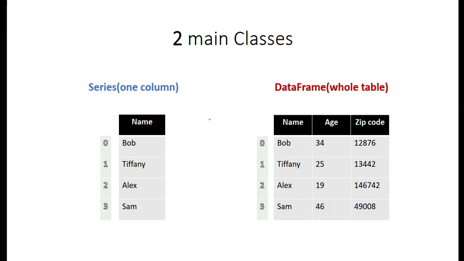Now, the Pandas library mainly contains two classes, right? We have the Series class and we have the DataFrame class. And as we discussed before, Python is an object-oriented programming language, right?